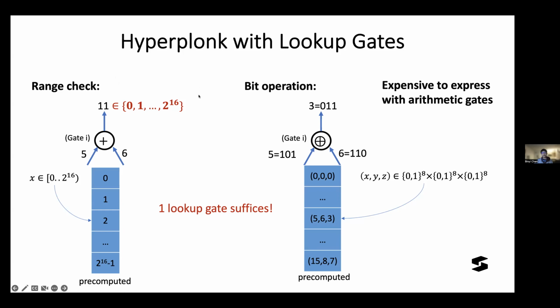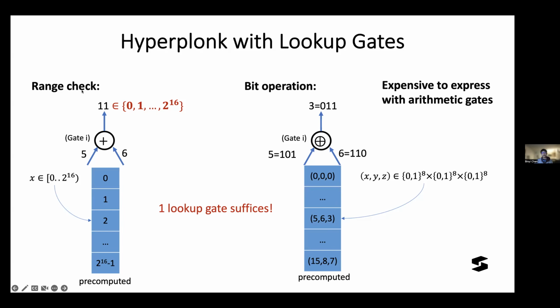Sometimes we also need to apply some bit operations on top of the circuits. For example, if you want to prove the correctness of a SHA-256 hash, it involves XOR operations, right? The bad thing is that if you only have addition gates or multiplication gates, it's very expensive to express this kind of functionality. For example, if you want to do a range check, what you usually do is decompose the value into binary values and check that each is a boolean value, either 0 or 1.